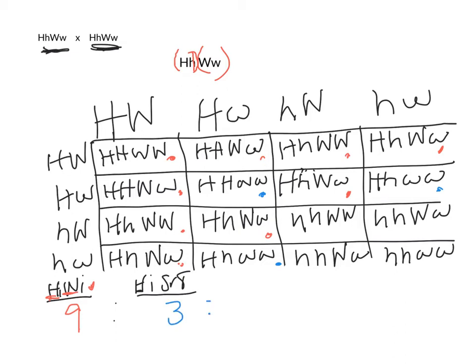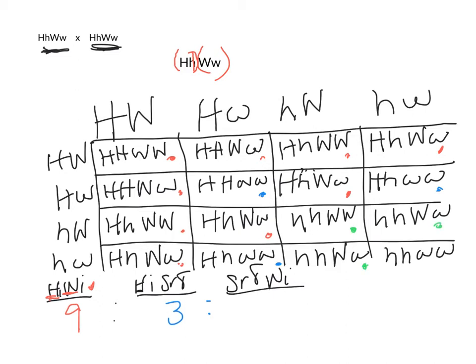Okay, the next possibility here is to have a straight hairline and widow's peak. To have a straight hairline and widow's peak would mean you'd have all lowercase h's and one big W. So again, I'm going to put a green dot if I see that, and that.